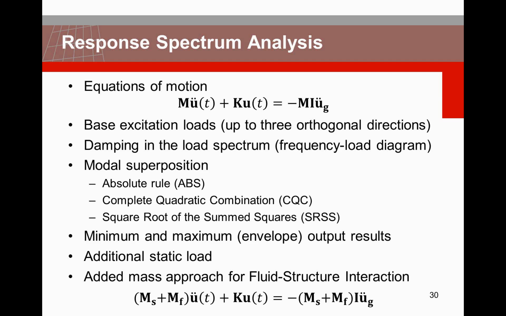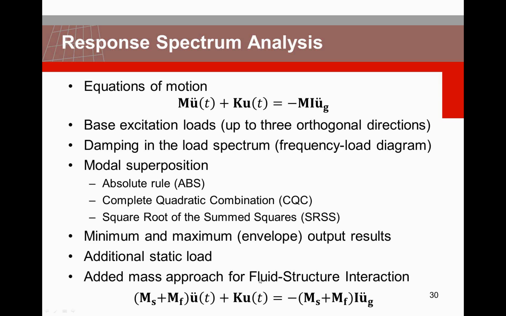And on the compression side, it will be -2 minus 5, which is -7. So in that case it is not sufficient anymore to only give the amplitude, as in previous DIANA versions. Due to this additional static load, which is also required in quite many model codes, we now give a minimum and a maximum envelope of the output results.